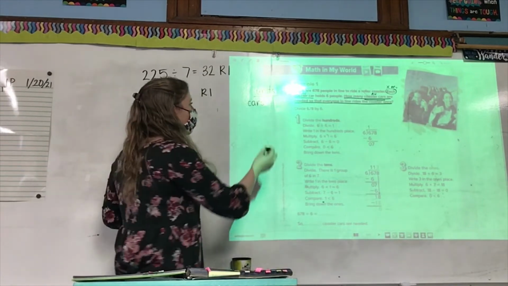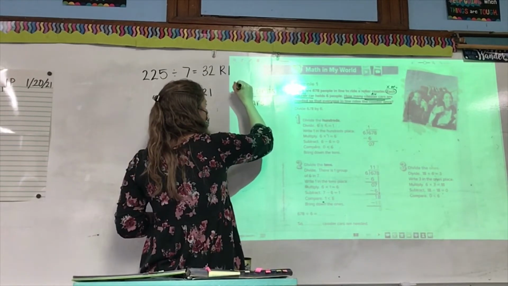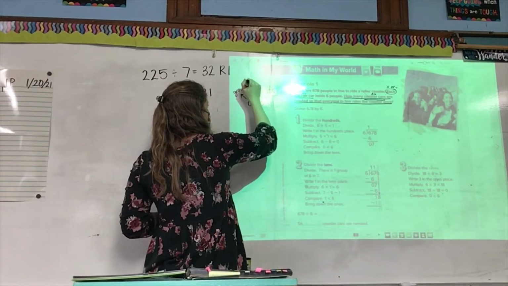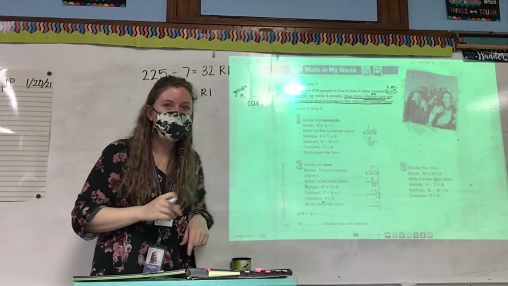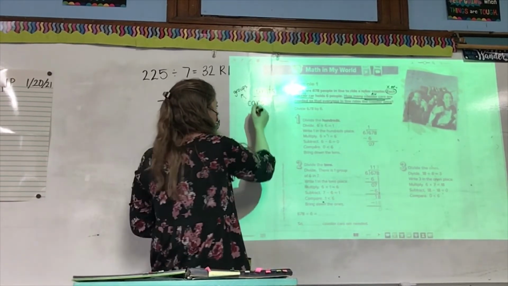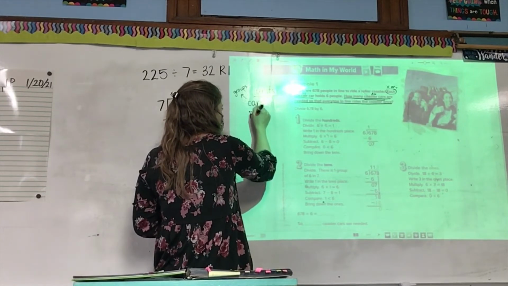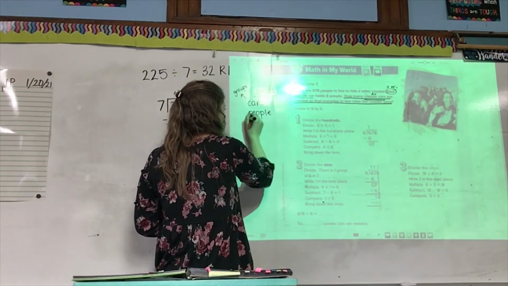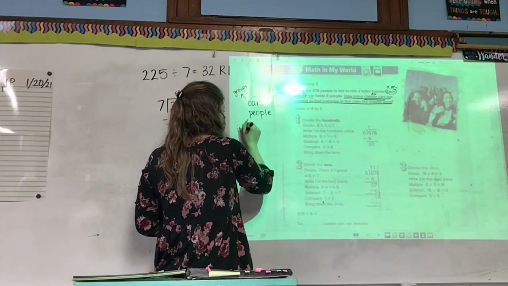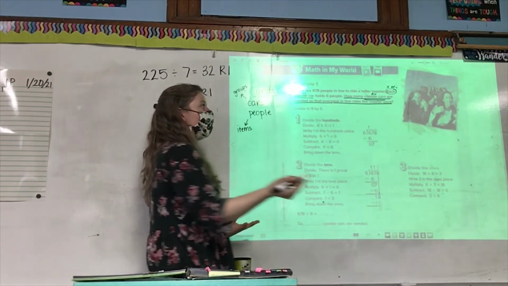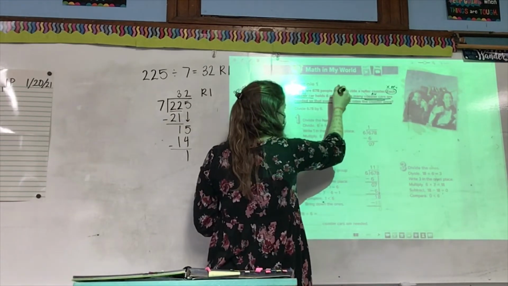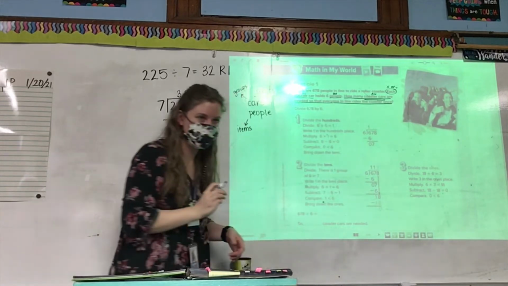So that means I already know cars are my groups because they each hold 6 people, which means people are my items, which means people has to be my other unit.